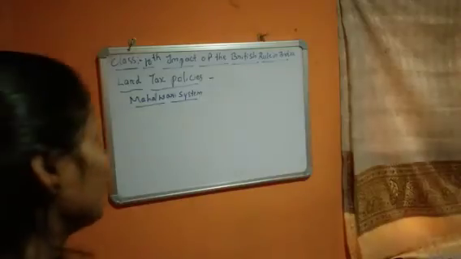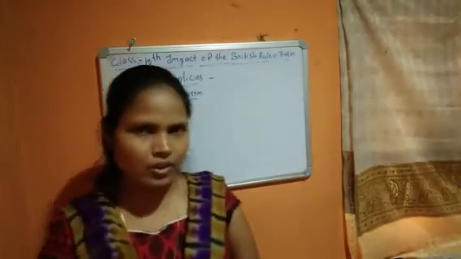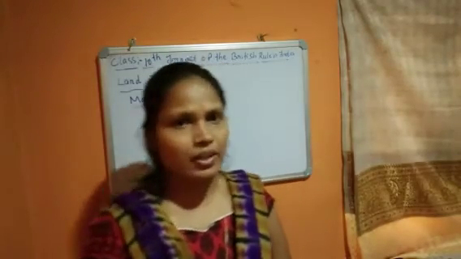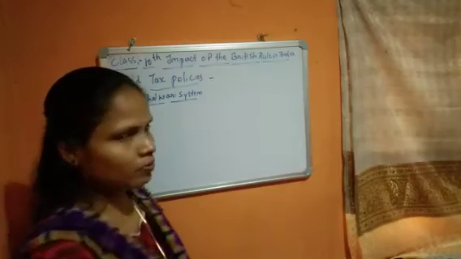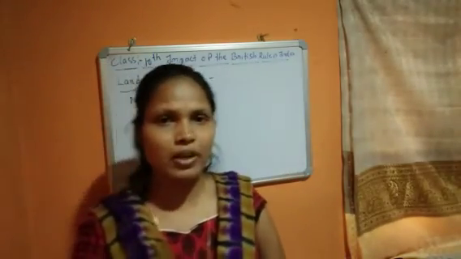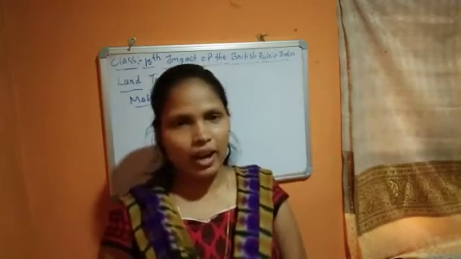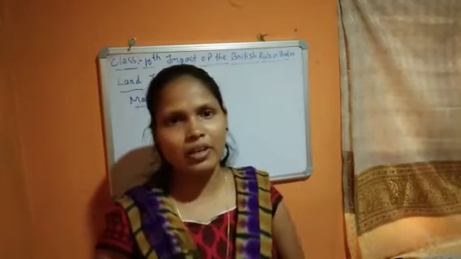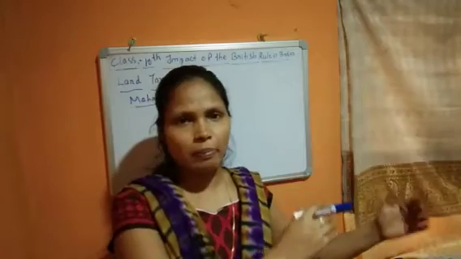Now we will learn about another important land tax policy implemented by the East India Company, that is the Mahalwari system. The Mahalwari system was first implemented by R.M. Bird and James Thompson in 1833, and this system was implemented in Madhya Pradesh, Uttar Pradesh, then Punjab and Delhi.